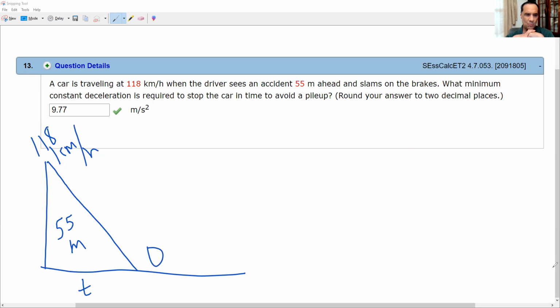In effect, we have to find the area of a triangle in order to determine how long he needs to slam on the brakes. And then after we determine that time, we have to determine the deceleration situation.